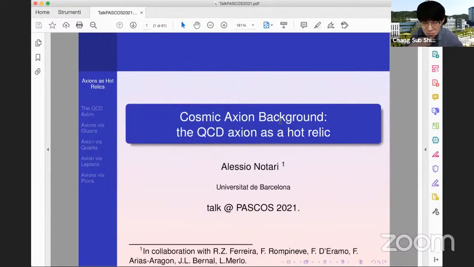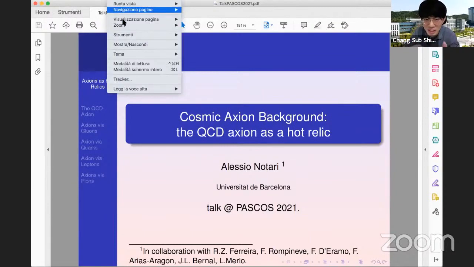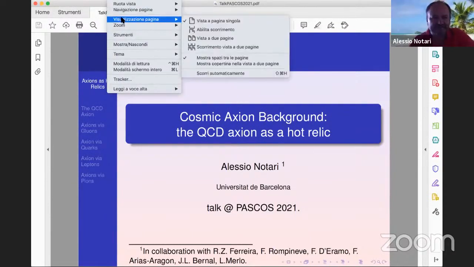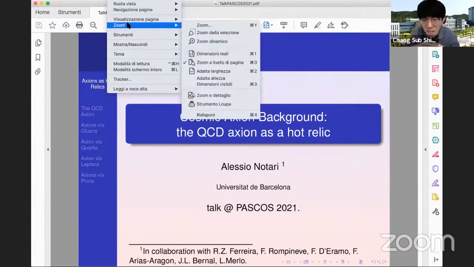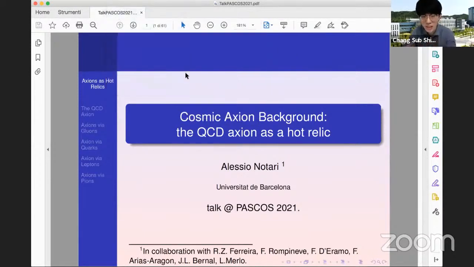Okay, good. Is that okay? Yes. Don't you use some full screen mode? Not too sure, but I think it's okay. Fine like this, I think.